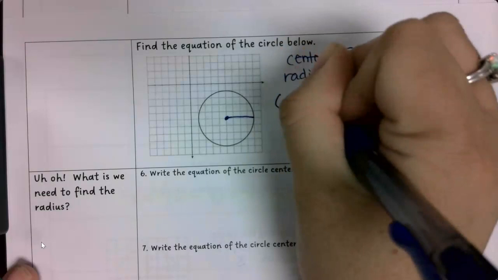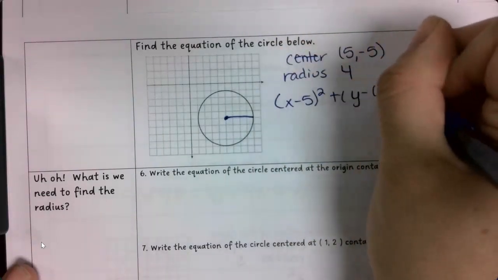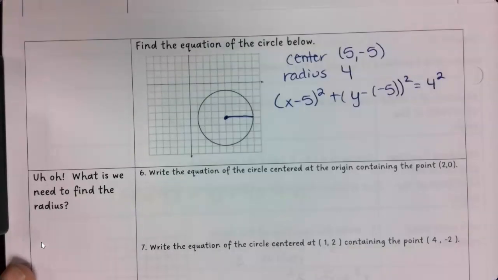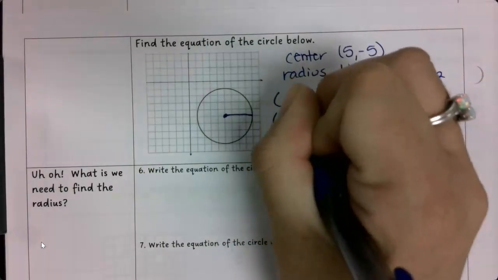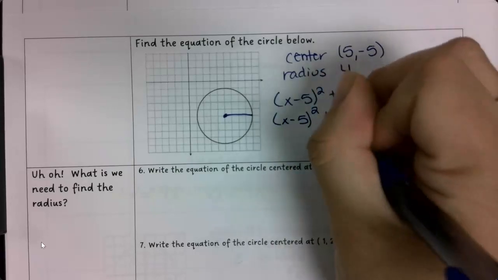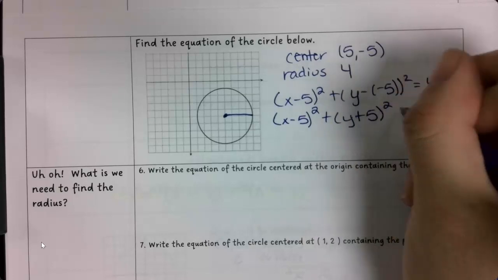I have (x minus 5) squared plus (y minus negative 5) squared equals 4 squared. So that double negative is going to turn positive, and 4 squared is 16.